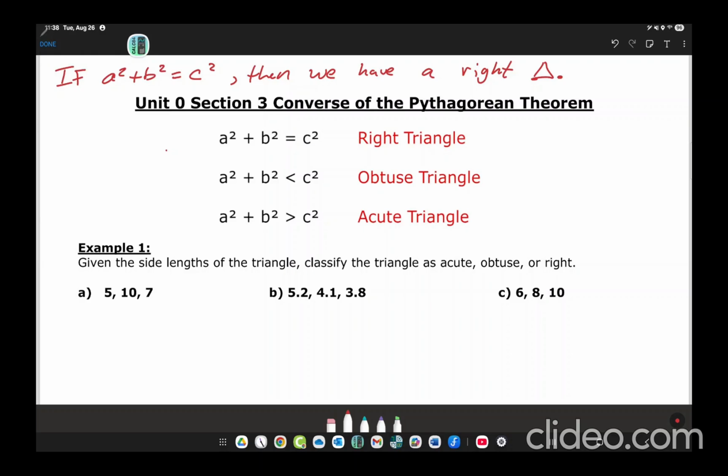So if a squared plus b squared equals c squared, then it's a right triangle. But if c squared is bigger than a squared plus b squared, then you have an obtuse triangle. If you don't know, an obtuse triangle is a triangle where you have one angle that is bigger than 90.